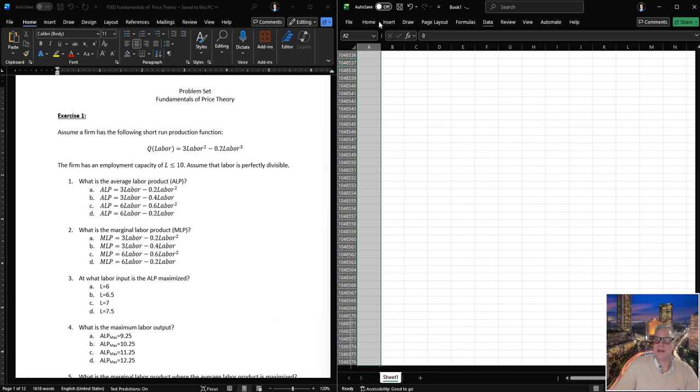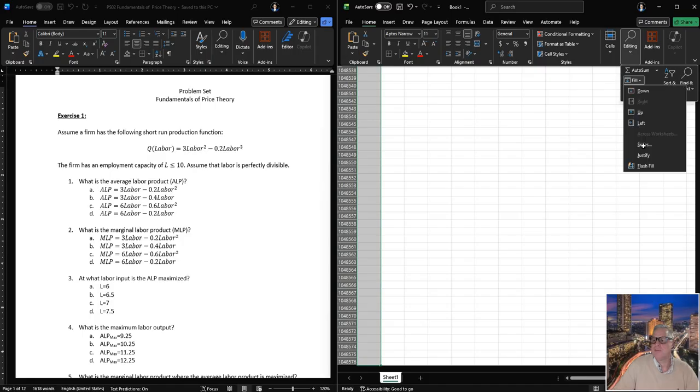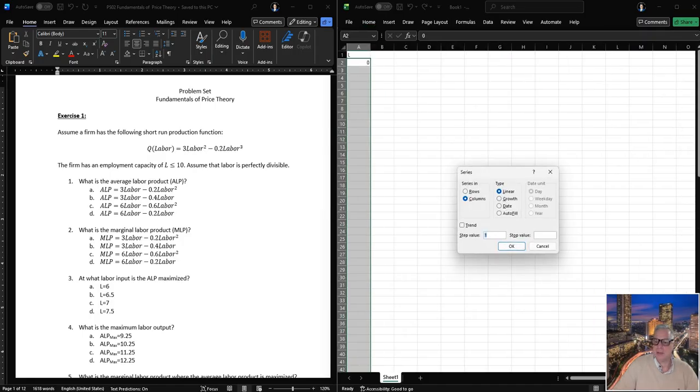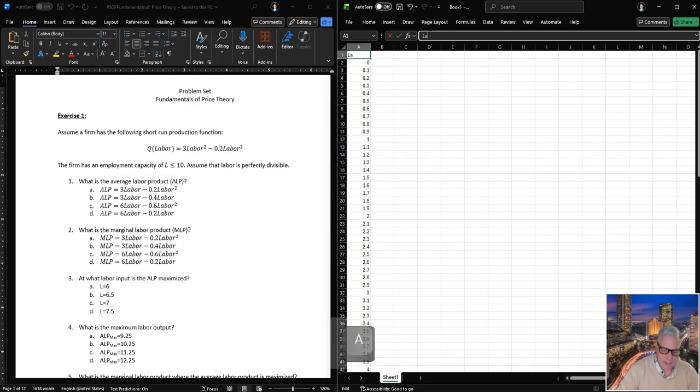I highlight everything, and then I go to Home, Edit, Fill, Series, and I fill a series with a step value of 0.1, and it ends at 10. So that's labor. I can spell it out: Labor, and then output Q.